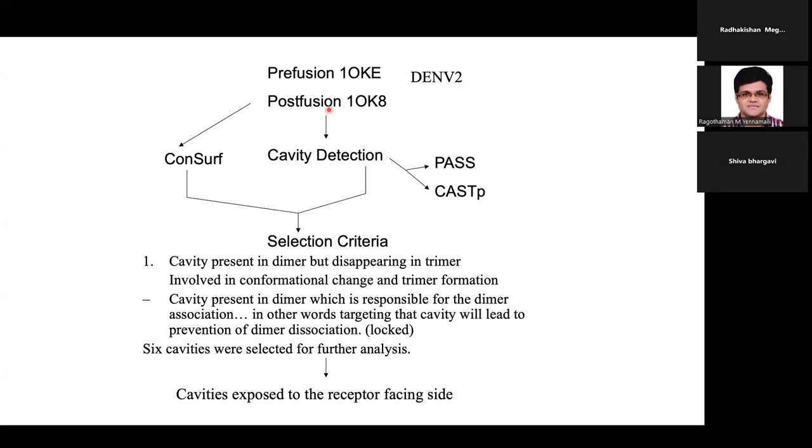And when the host cell is encountering the virus, the first thing that it does is to latch itself to this particular envelope protein. So the task is not to identify a cavity just like how you would identify in an enzyme, but you want to identify a cavity that is functional in terms of the viral life cycle.